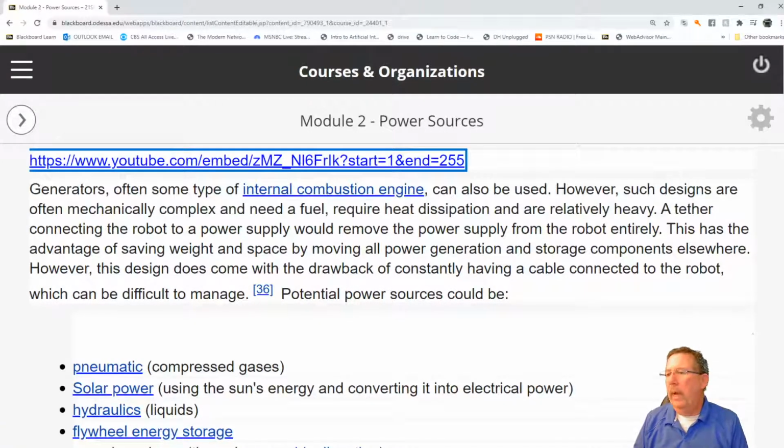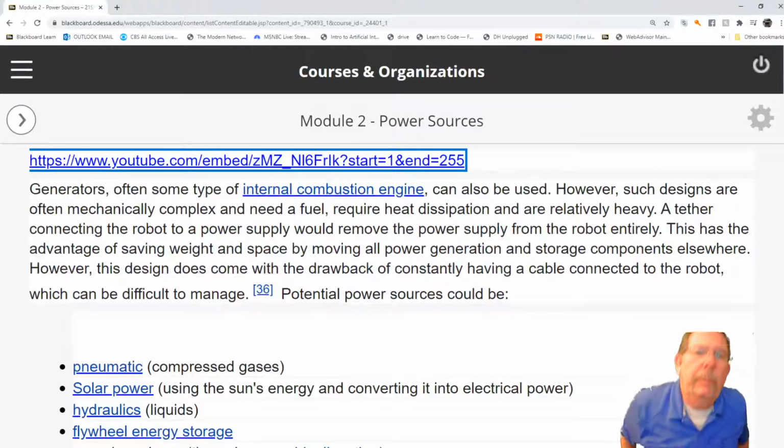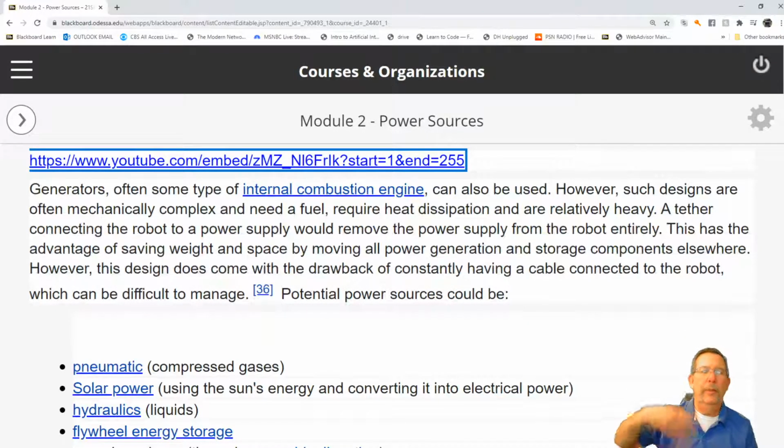So going back to the document, generators are usually used in internal combustion engines, right? Because you have a source of movement and some form of mechanical to electrical power conversion. So that's one way to charge batteries. If a robot were moving, you could, in essence, do it.